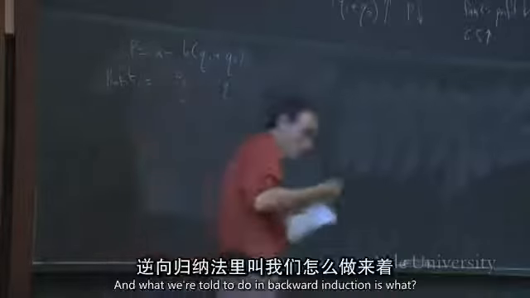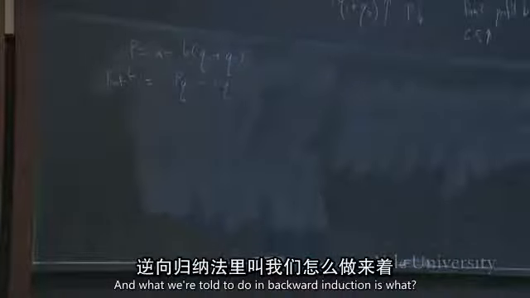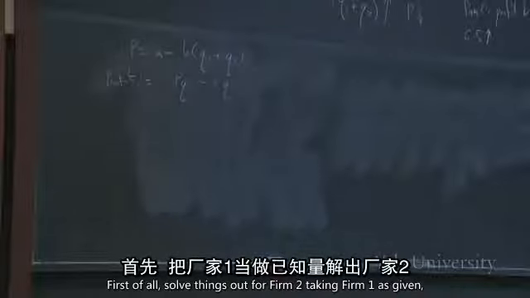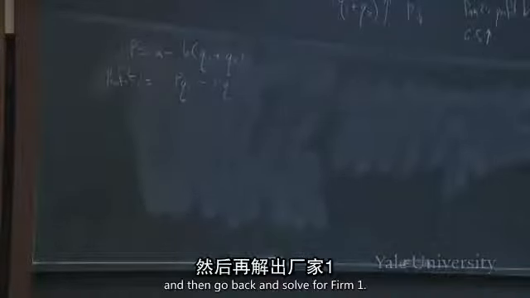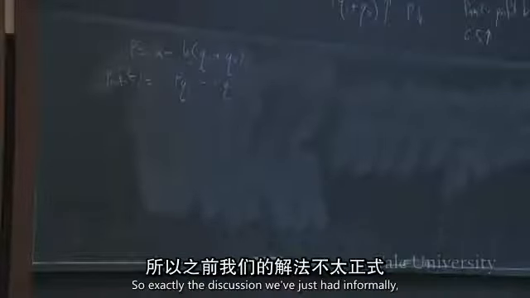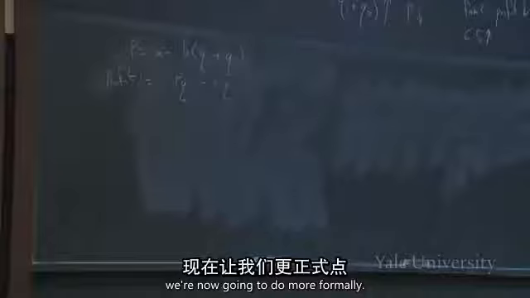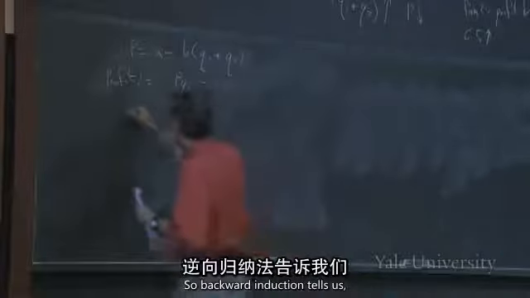And what we're told to do in backward induction is, first of all, solve things out for firm 2, taking firm 1 as given, and then go back and solve for firm 1. So exactly the discussion we've just had informally, we're now going to do more formally.